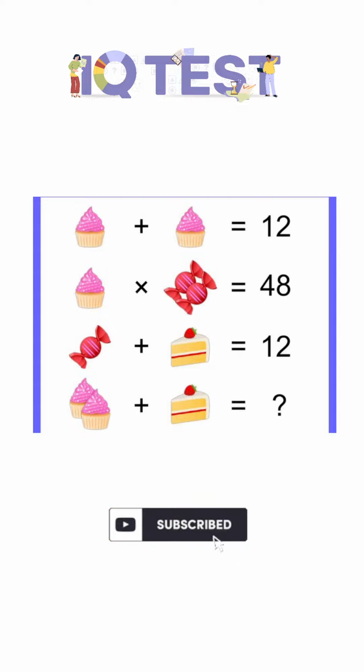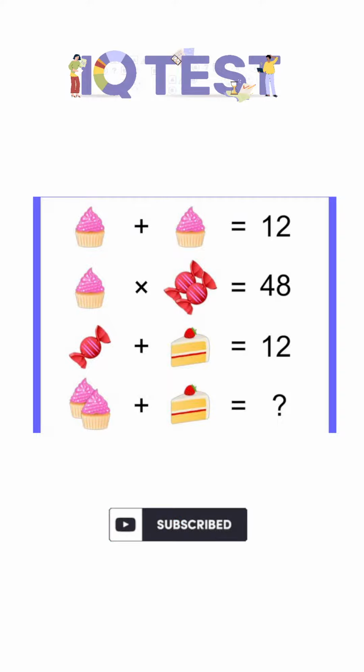Okay, so for our cupcake, one cupcake is 6. The cupcake is 6. Then the sweet one is 4.